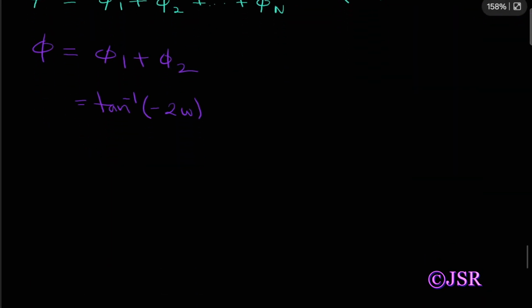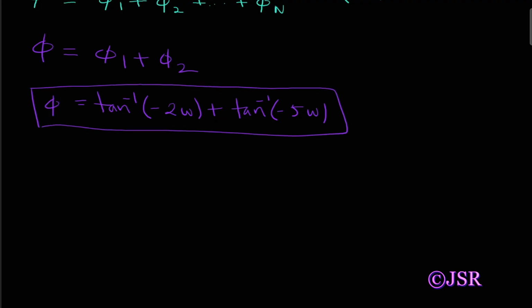So we put the values for phi 1 and phi 2, and this will be the overall phase shift, and this is equation number 6.